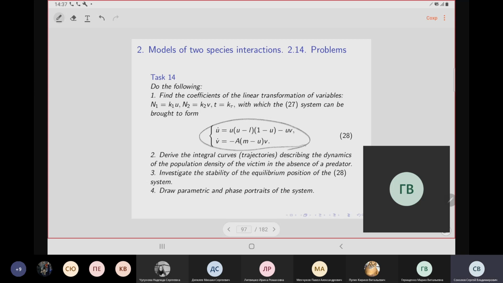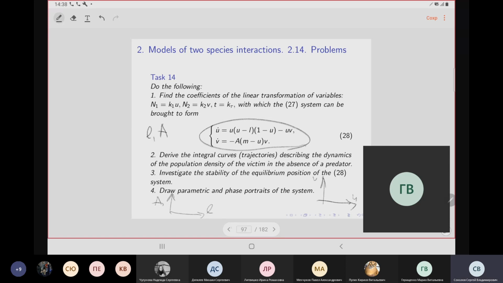There are only two constants here, L and A. Next, draw the integral curves describing the dynamics of the population density, first in the absence of predator. The second, find the equilibrium positions and investigate their stability. And finally, draw the phase portrait, in U and V, and draw the parametric portrait for L and A.